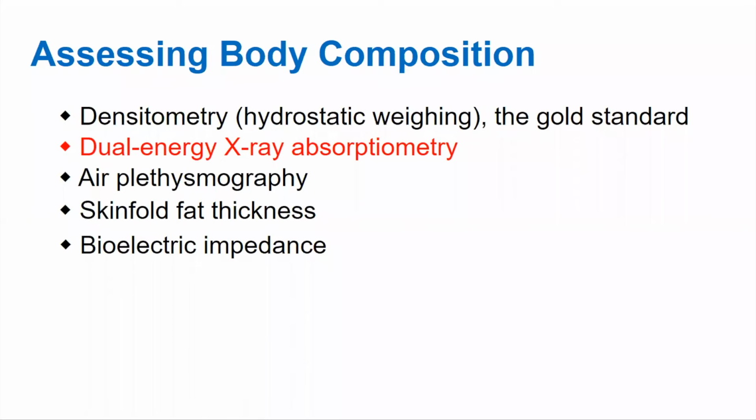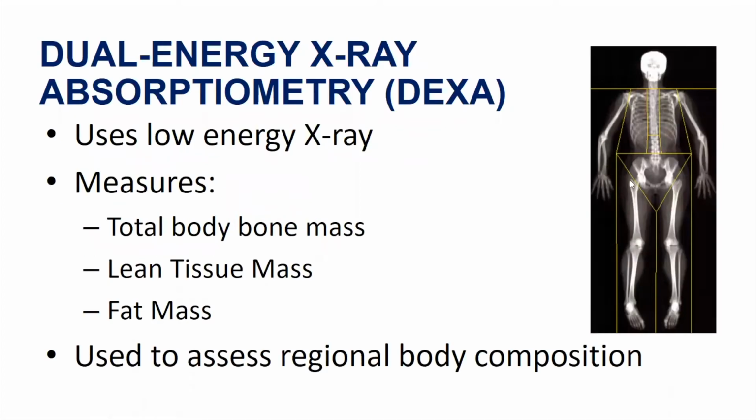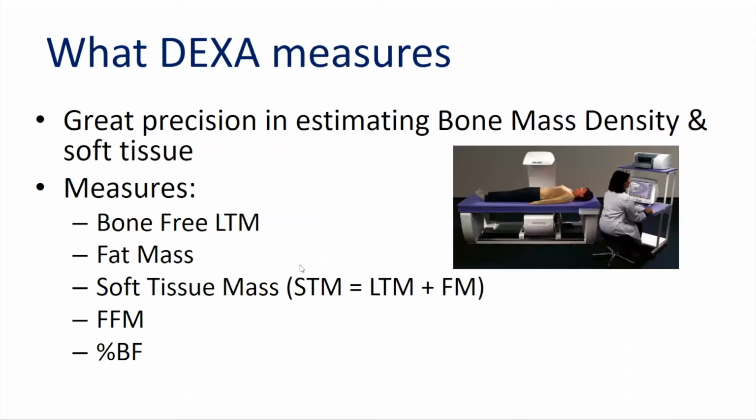In this section, we'll be talking about DEXA, or dual energy X-ray absorptiometry. DEXA uses low energy X-ray to determine body composition, and it measures total body bone mass, lean tissue mass, and fat mass. It's usually used to assess a region of the body, because to scan the entire body would take a very long time.